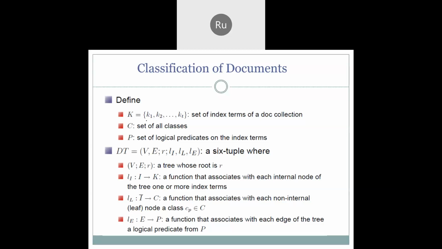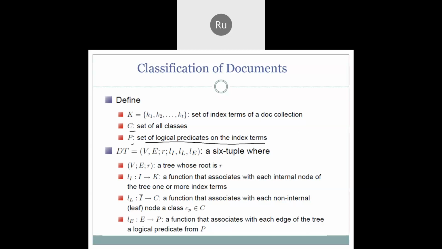Also, at the end of the tree, we should have the label or the set of all classes, and P refers to the set of logical predicates on the index terms, which is the combination of terms that we should define in order to classify a document.